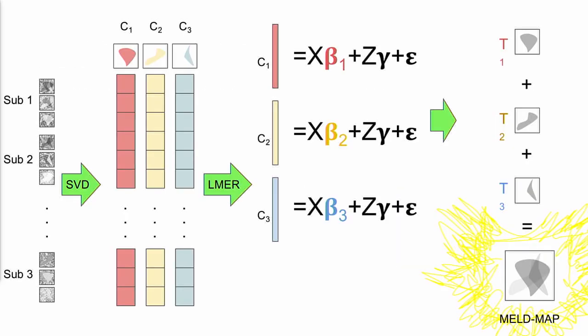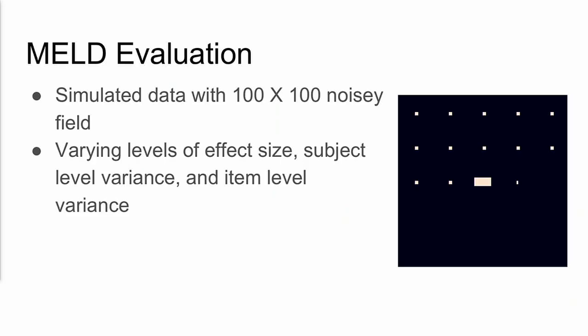And that gives you your map of these corrected parameter estimates that are correctly accounting for fixed effects and the item and subject level effects in feature space.